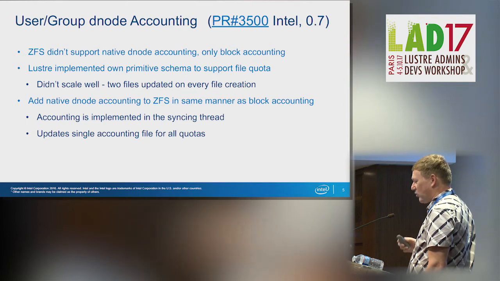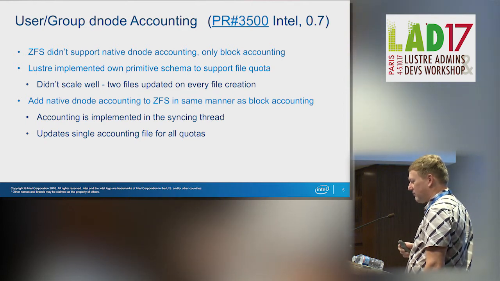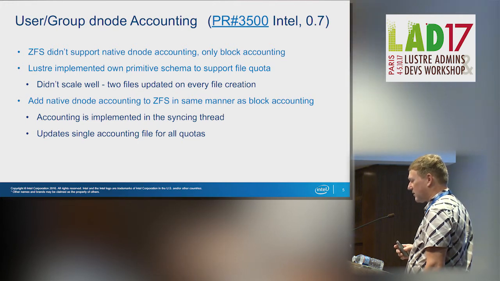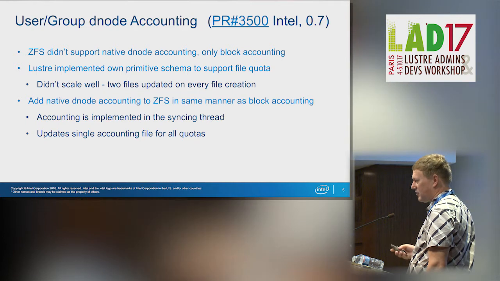And so Lustre had worked on its own higher level implementation of inode accounting, but it didn't perform very well, and so moving the accounting into the same mechanism that ZFS uses itself allowed us to improve the performance, and it's actually something that other ZFS users wanted to have as well.